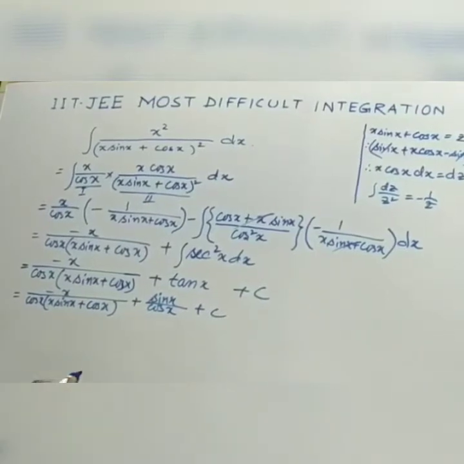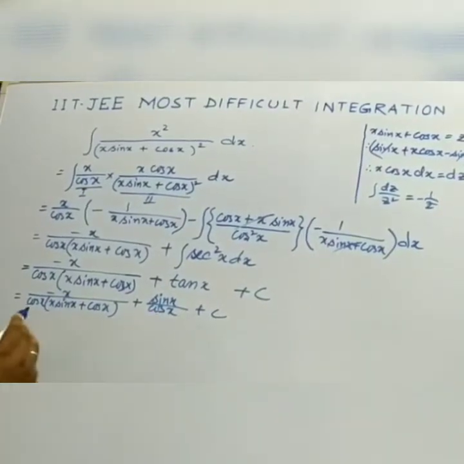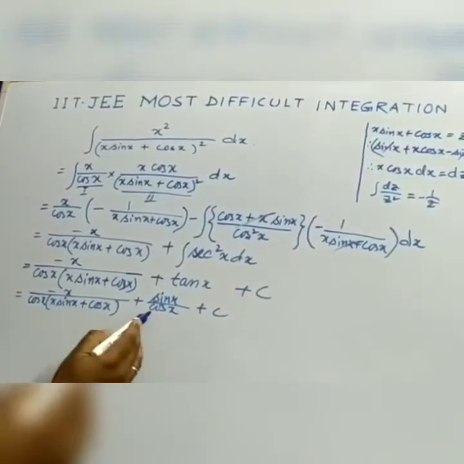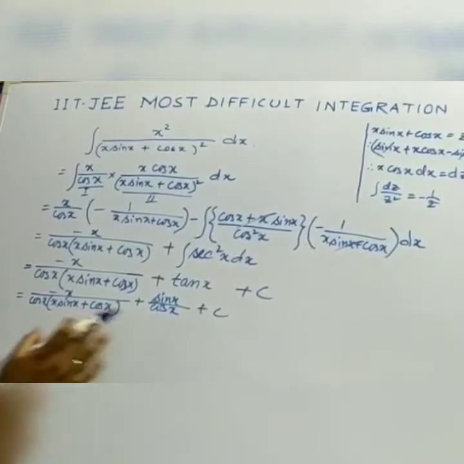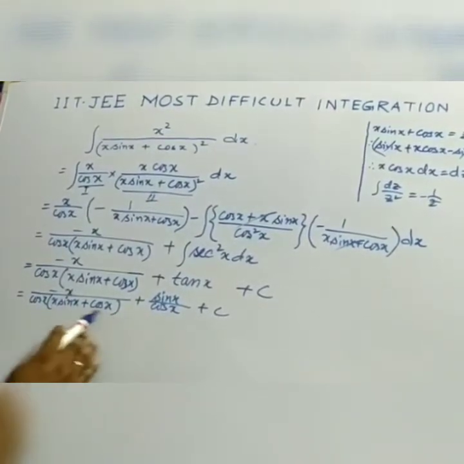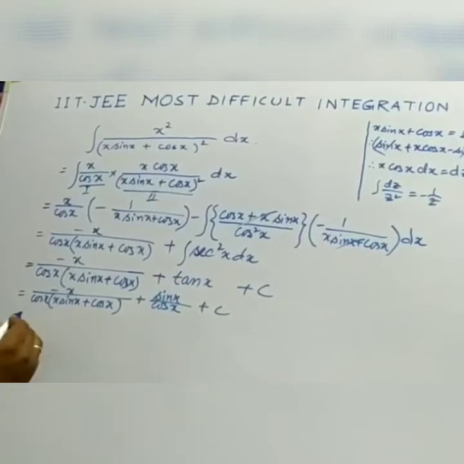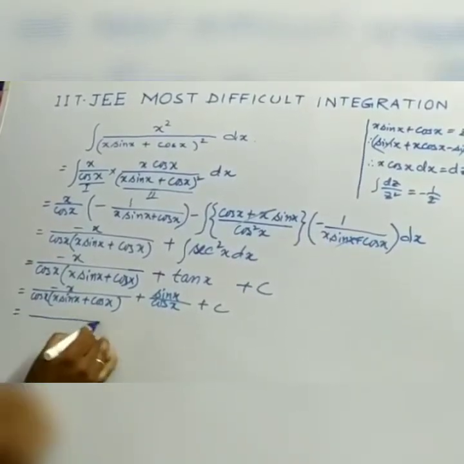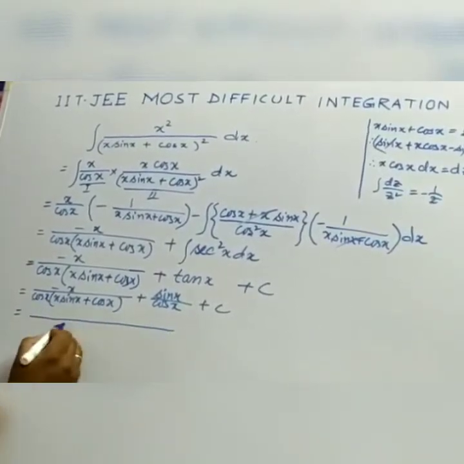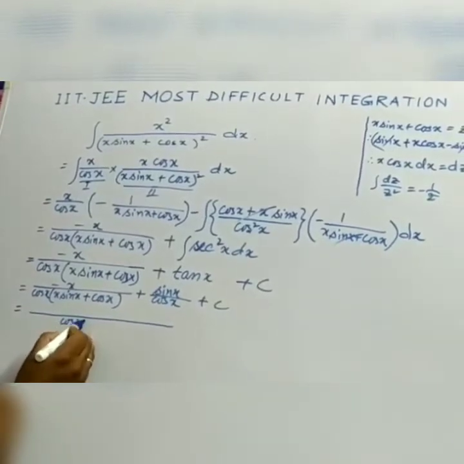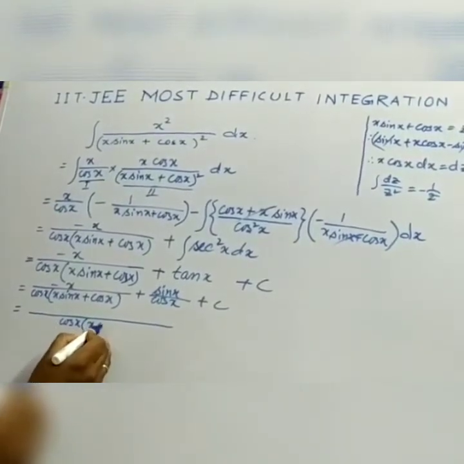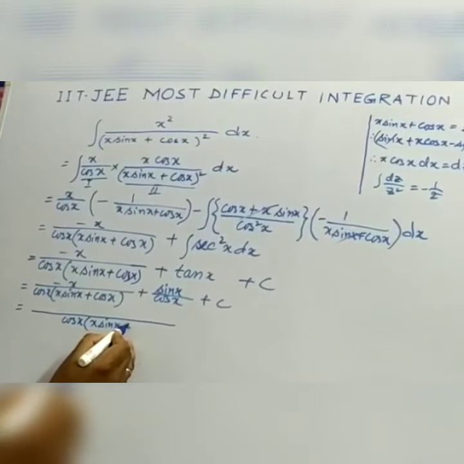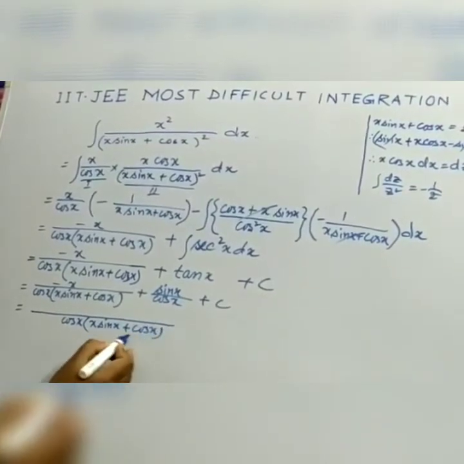Now you can see here is the simplification of the two parts. So we will take the LCM of the denominators, and the LCM of the denominators will be: cos x is common and x sin x plus cos x is there.